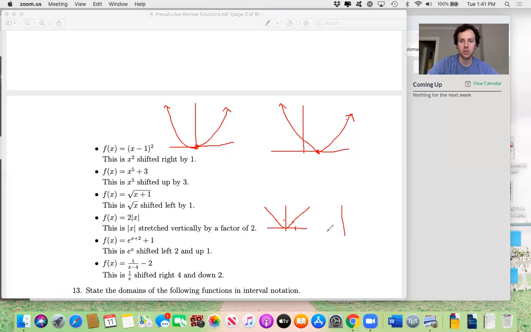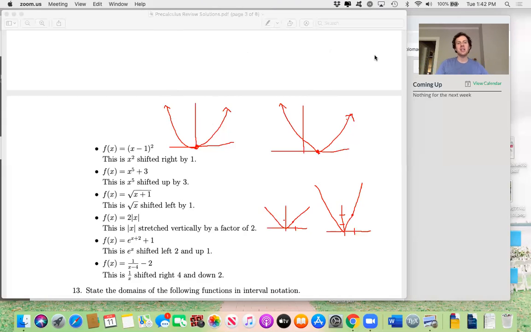The stretched version has the same V shape, but at 1, instead of being at height 1, it's up at height 2. And pretend this is straight. So it's this same shape, but it's steeper. And that's what this extra factor of 2 does. So that's this kind of problem.